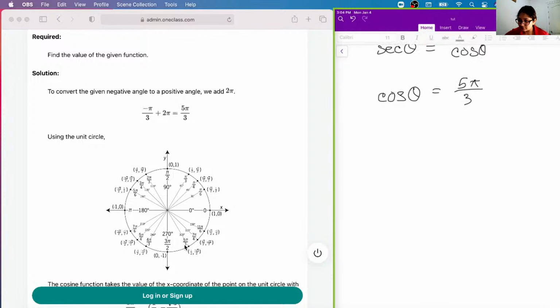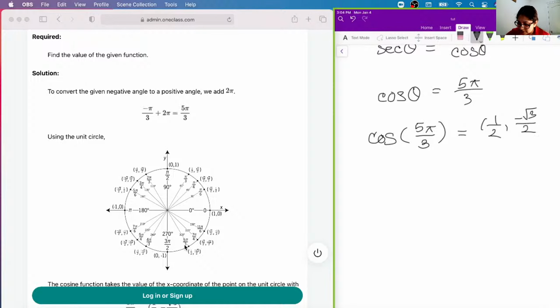And in the fourth quadrant, cosine is positive. So I could say cos of 5 pi over 3 is equal to the x coordinate right here, which is 1 over 2, and the point is 1 over 2 and negative root 3 over 2, right?